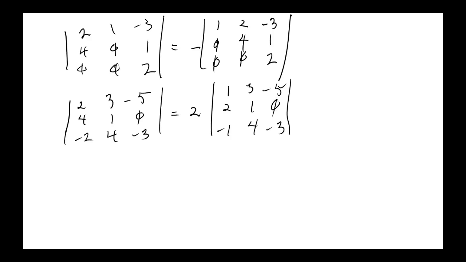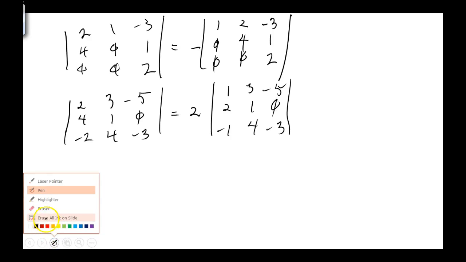In evaluating a determinant, it is occasionally convenient to use elementary column operations, and example 3 is going to try that as well. Let me go and erase all this. Okay.